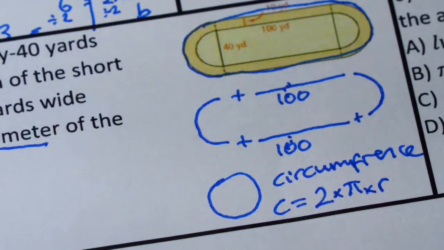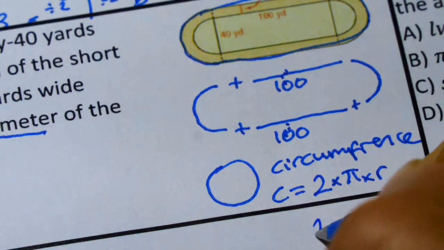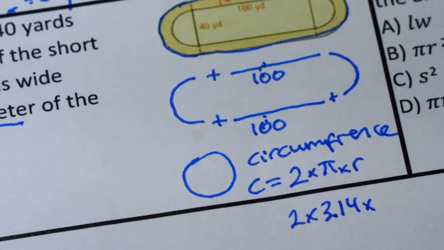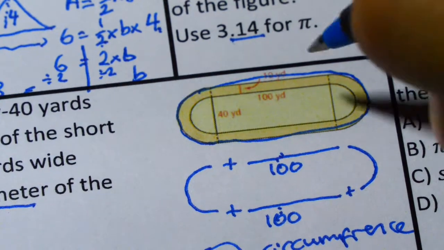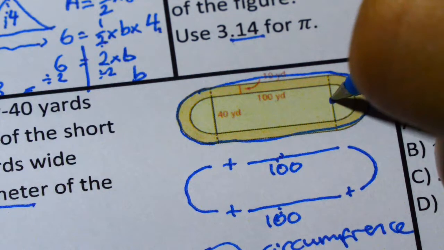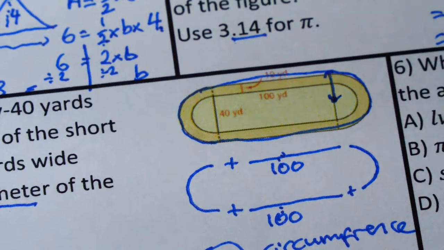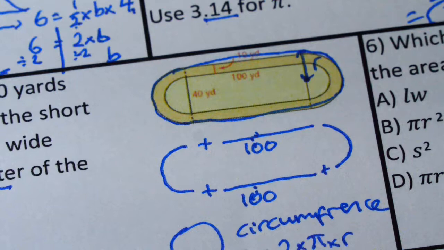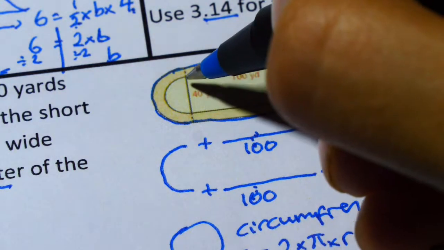Okay, so 2 times pi, 3.14, times r. Now we need to find r. What is the distance from here to here? This is r. Okay, what is this r? We know this is 40.